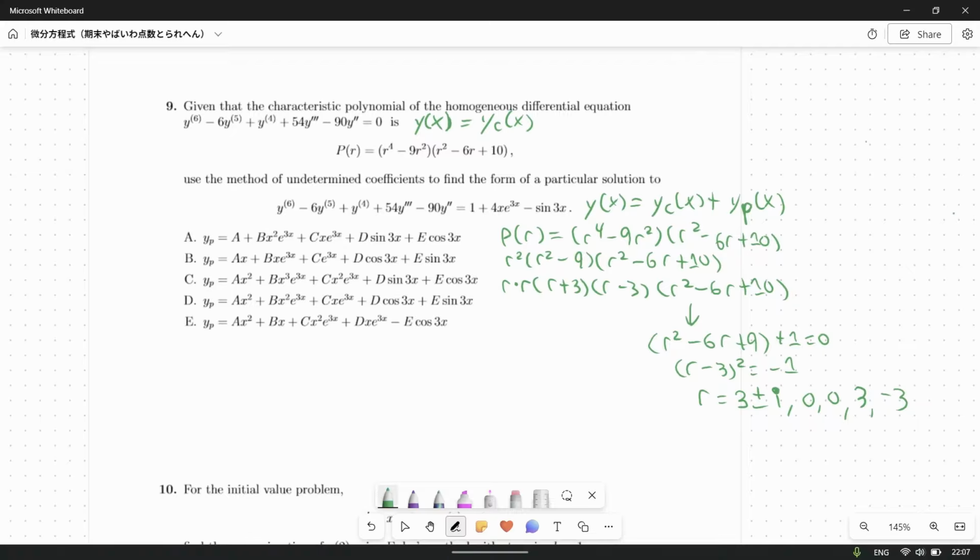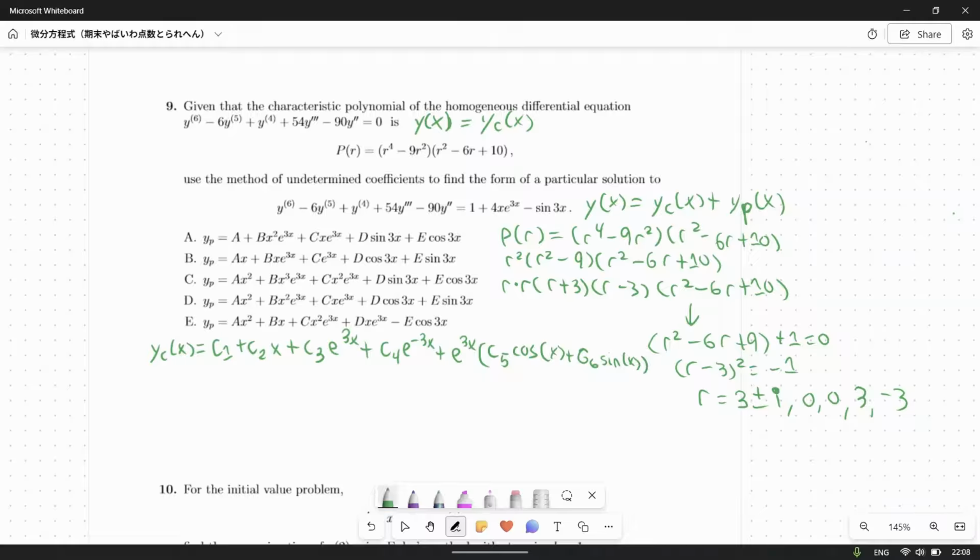And so now we can come up with our complementary solution, which is going to be y sub c of x equal to c sub 1 plus c sub 2 x plus c sub 3 times e to the 3x plus c sub 4 times e to the -3x plus e to the 3x times c sub 5 cosine of x plus c sub 6 sine of x.